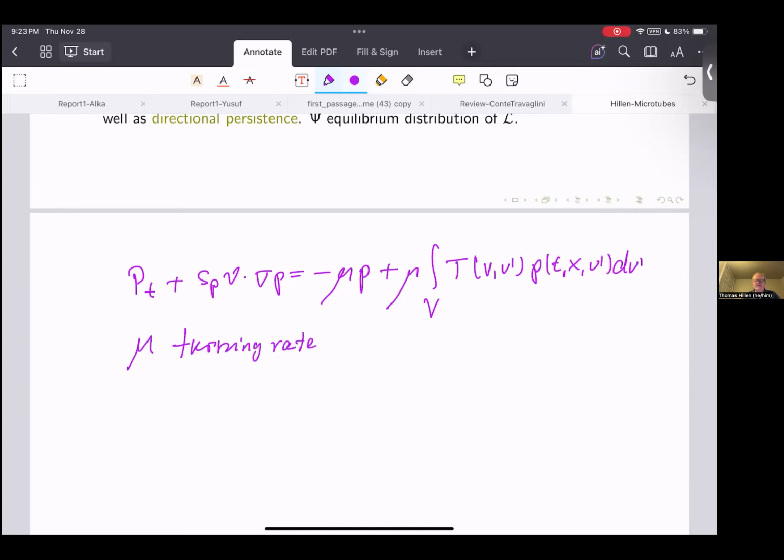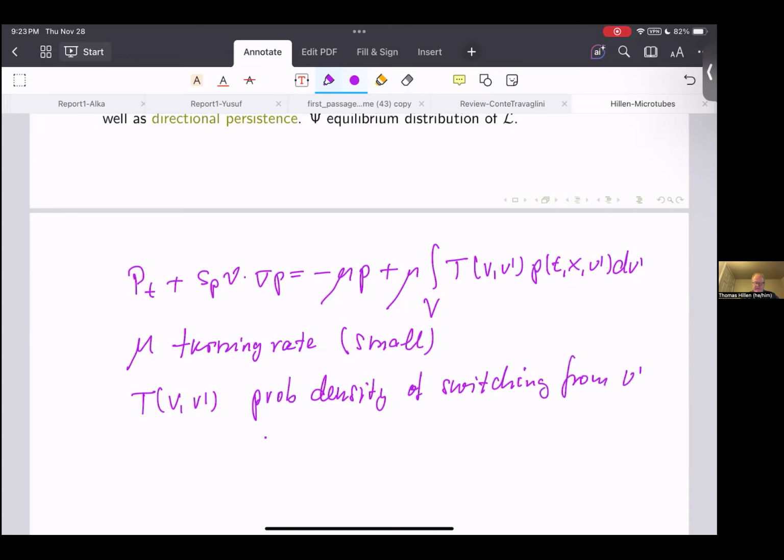This is how often a microtube changes direction when it grows. And we see in the videos, it does not change very often at all. So the turning rate is typically rather small in this case. And T(v, v') is the turning kernel. It's the probability density of switching from v' to v. So this describes how they change direction, if they change direction.